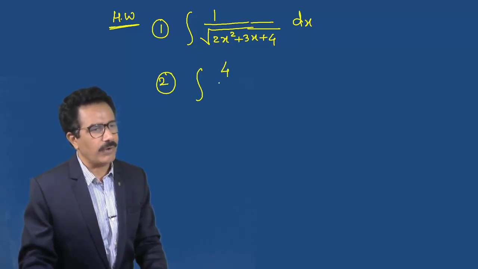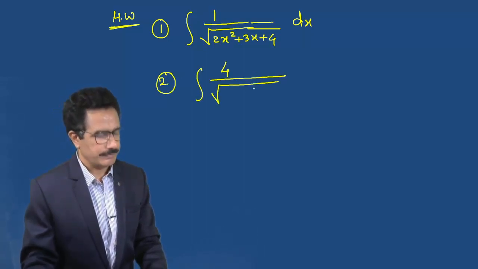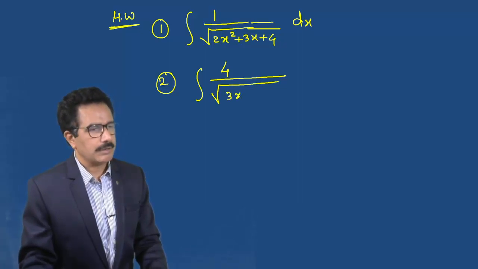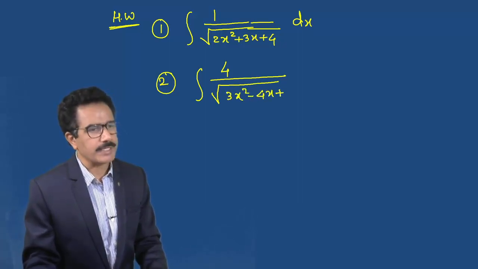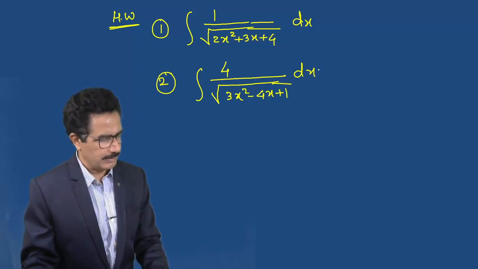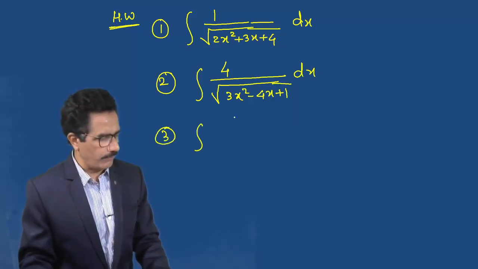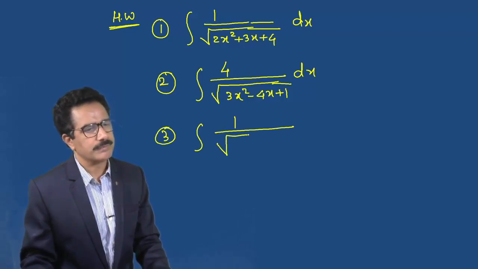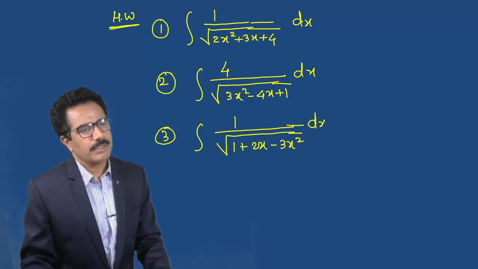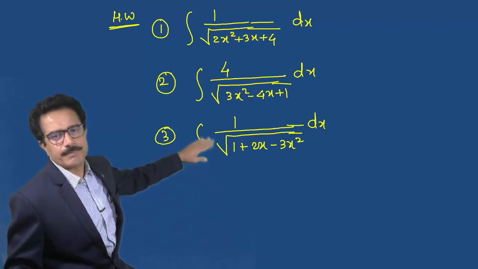Second, integration of 4 upon root 3x square minus 4x plus 1 dx. Then third, integration of 1 upon root 1 plus 2x minus 3x square. This is of the first type.